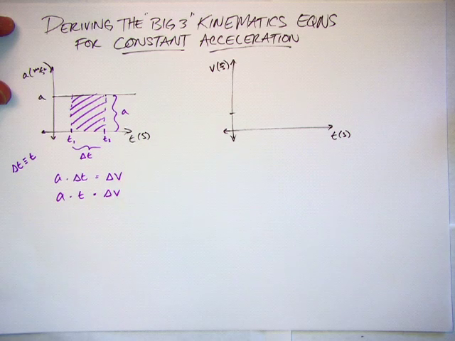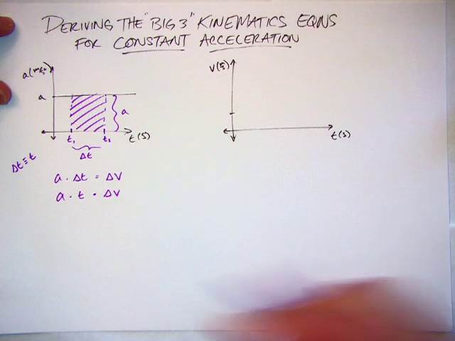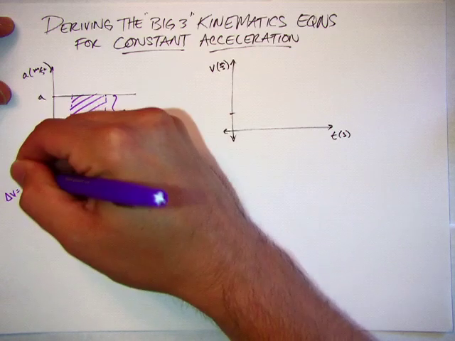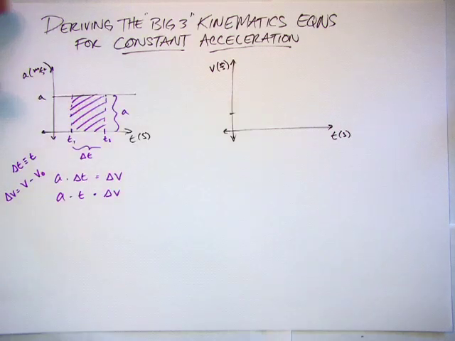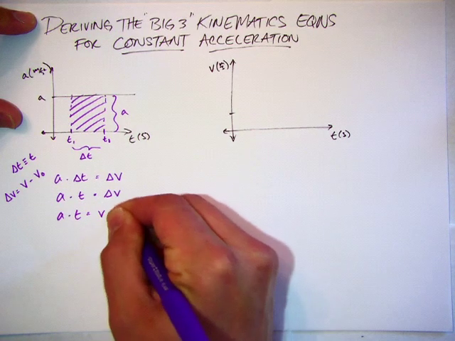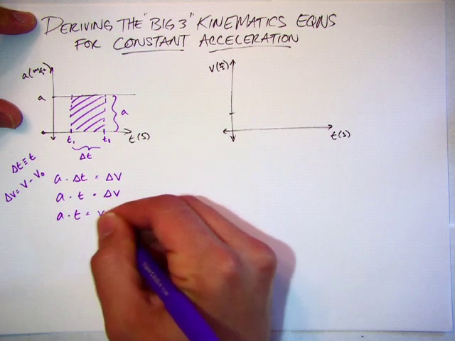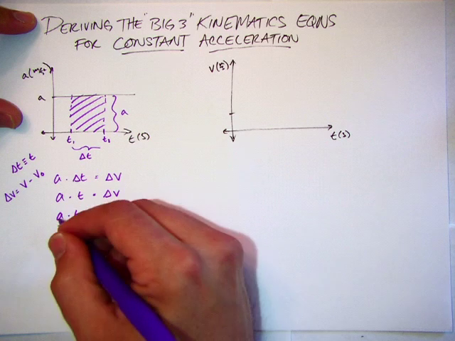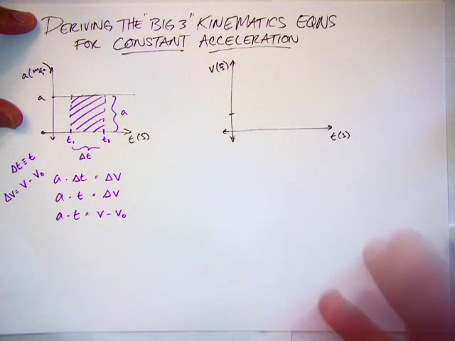Well, change in v really just means final velocity minus initial velocity, whatever I end up at minus whatever I started at. So we are going to substitute that in as well. So whatever velocity I'm currently moving at, v, minus the initial, v naught, is equal to the rate of acceleration times the amount of time over which I accelerate.